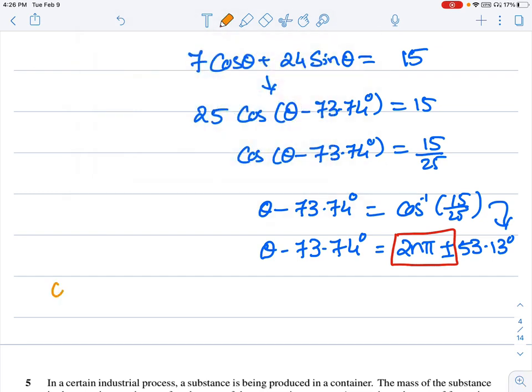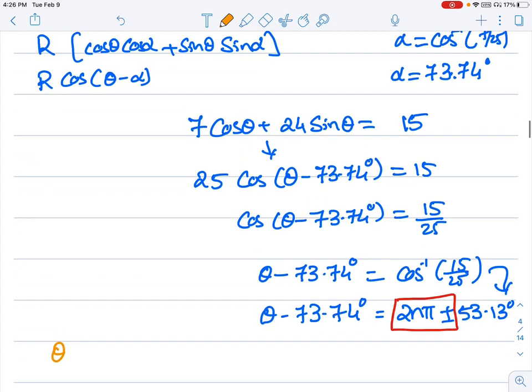So theta minus 73.74 degrees is 2n pi plus or minus 53.13. So theta is equal to 2n pi plus or minus 53.13 degrees plus 73.74 degrees. This is the general solution to get all the values of theta between 0 and 360.